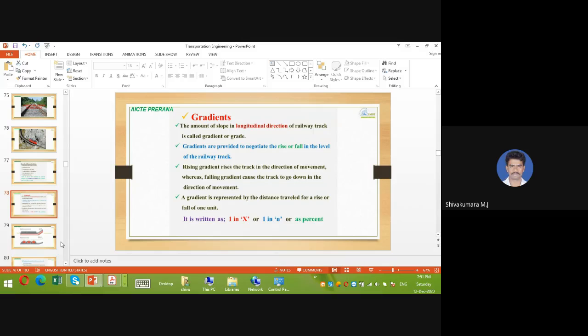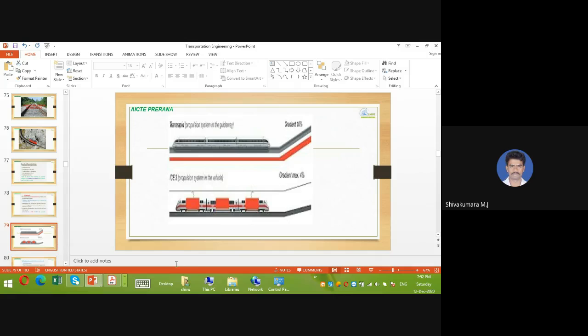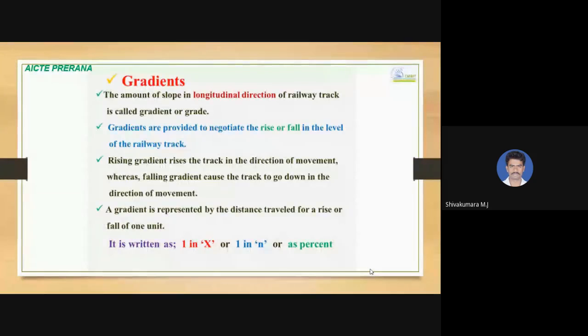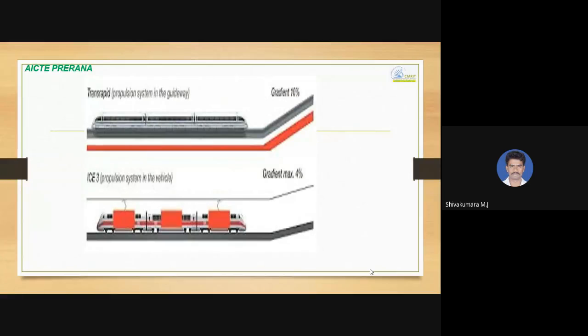This 1 is the rise or fall in the vertical direction, and x is the distance traveled in the longitudinal direction. Or you can also represent it as 1 in n, whatever variable you want. You can see a rising gradient over here. A gradient of 10% is quite steep, and then a gradient that is a little flatter is 4.